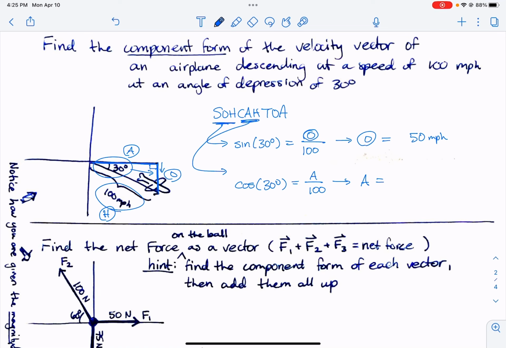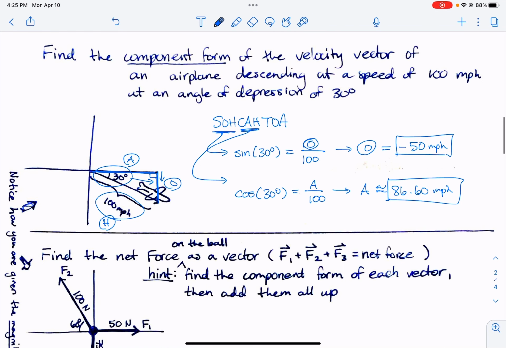So 100 times cosine of 30, if you solve for a there, you get approximately 86.60 miles per hour. So that one's for sure correct. The only change we need to make to the opposite, because it's going down, that's the negative direction, is we just make it negative. And then that's our other component. So really, because they wanted the component form, let's go ahead and put these together, right?